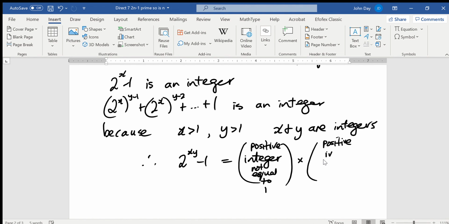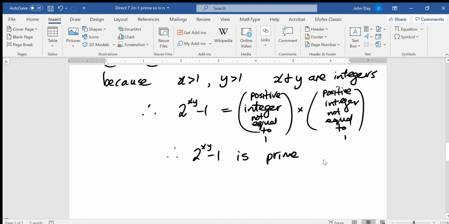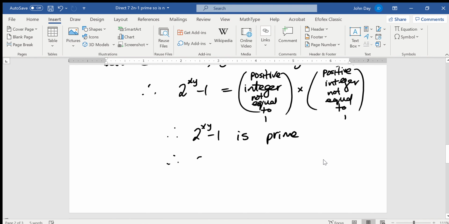So therefore 2 to the xy minus 1 is not prime, and therefore 2 to the n minus 1 is not prime.